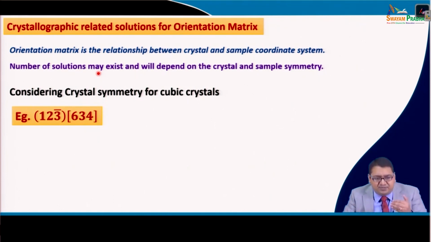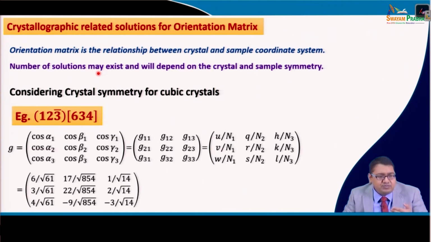If we take this example and try to draw the orientation matrix G relating (1, 2, 3 bar) and [6, 3, 4] with RD, TD and ND, where (1, 2, 3 bar) is ND and [6, 3, 4] is RD, then UVW divided by N1, where N1 is root over 6 square plus 3 square plus 4 square, which comes out to be 61. So, 634 divided by root over 61 gives the first column of the G matrix.